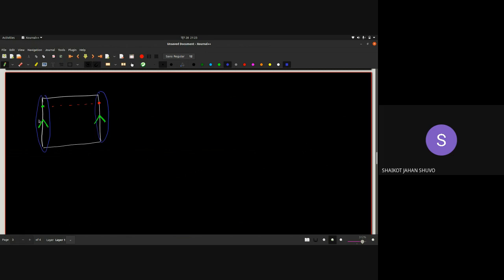Yeah. So you identify these two arms as the following. Let's say this is the left arm and this is the right arm. You identify all the points of this left arm to all the points of the right arm, right? And since we regard the equivalent points to represent the same thing, what we can do right now is glue them together.